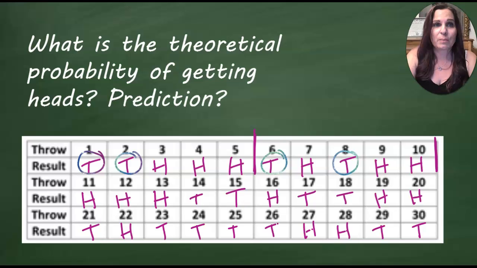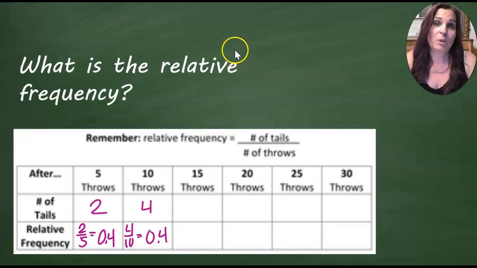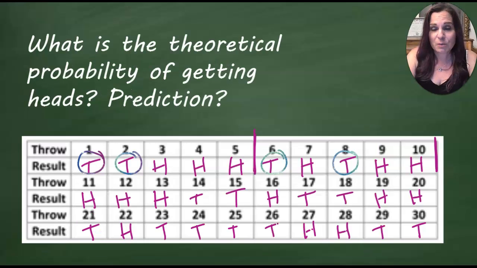So for 10 throws, I got 4. So again, that's 4 out of 10, which still keeps me at a 0.4 for my relative frequency, or I could just write 4/10, right? 4 out of 10.